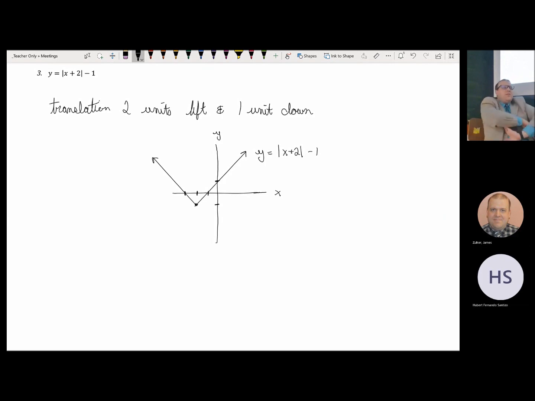So there's the graph of absolute value of x plus 2 minus 1. Find out where it crosses the y-axis.